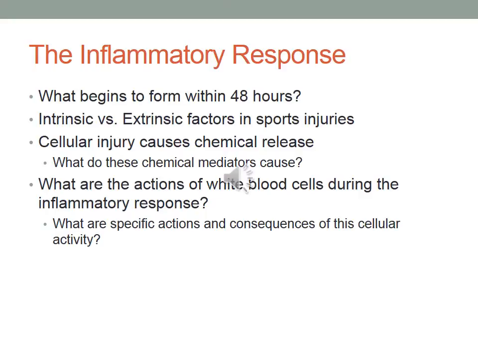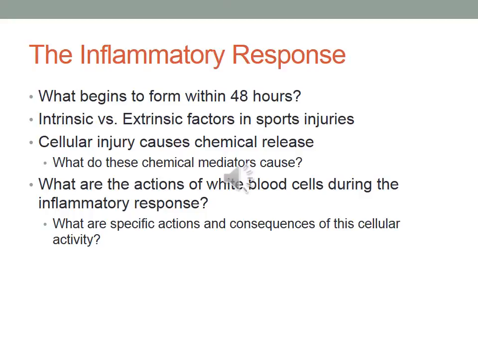Now, we talked about the action of the white blood cells and what they do. There's good things and bad things to what the white blood cells do. Now, early on in the process, it's believed that a white blood cell called neutrophils are released in the early inflammatory process. Again, they work to eliminate some debris. The problem is their action also causes the formation of what are known as free radicals.